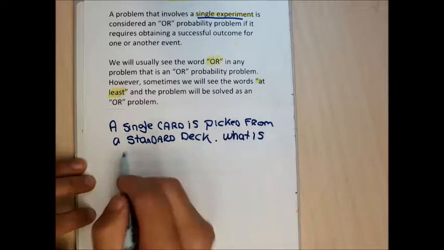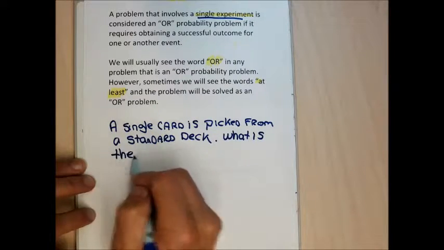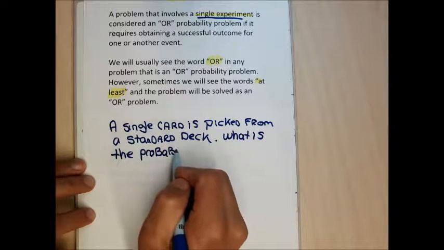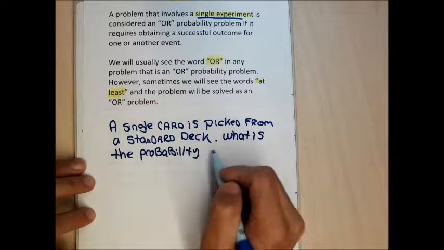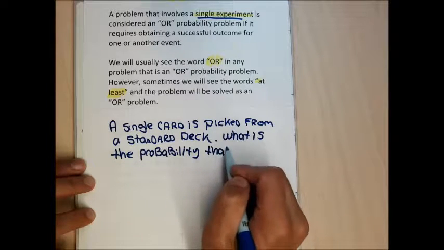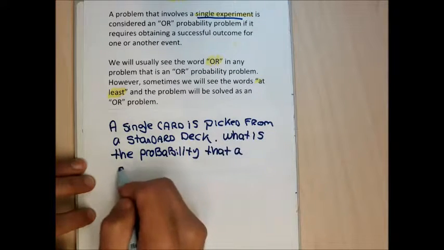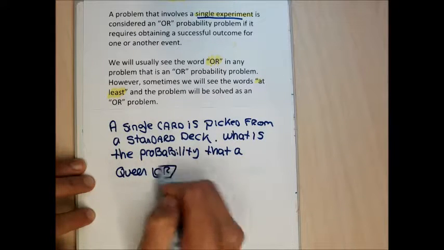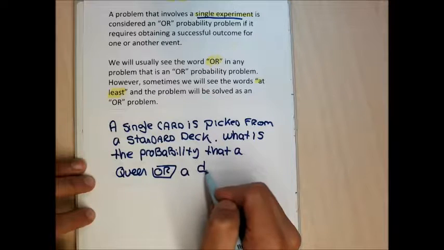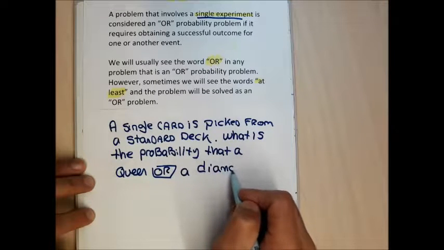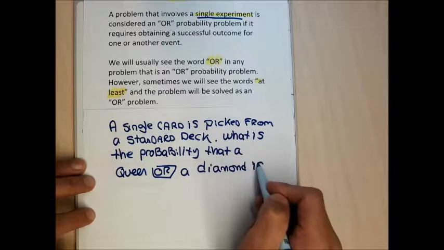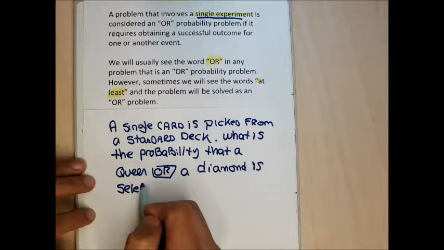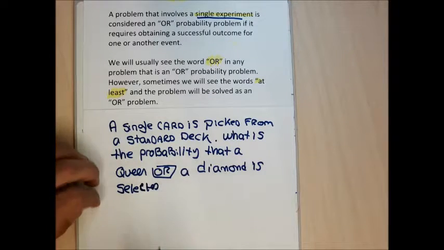What is the probability that a queen or, and there's the word or, a diamond is selected? So this is a classic OR probability problem.